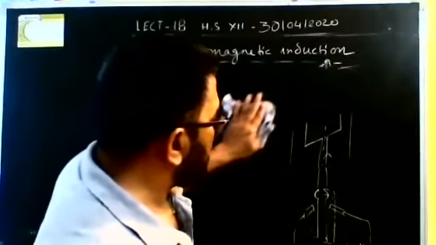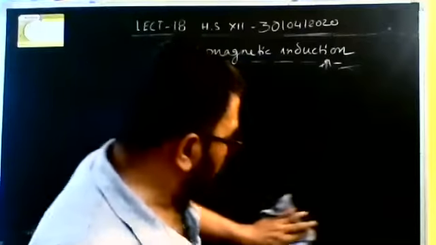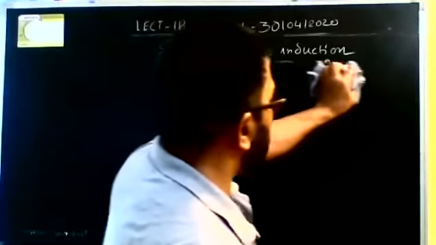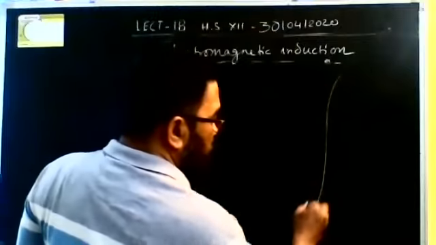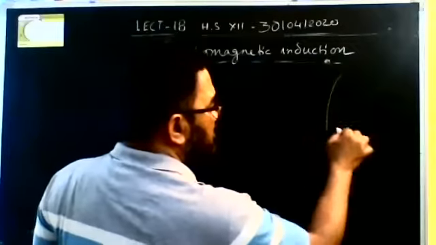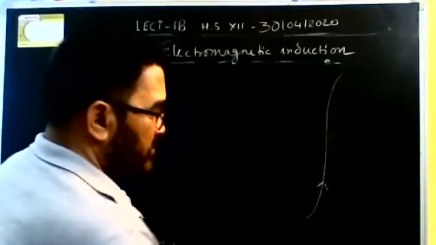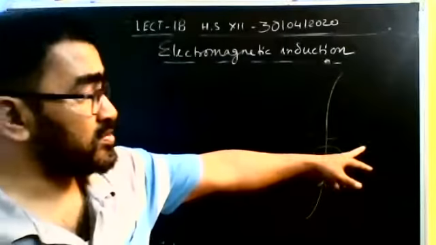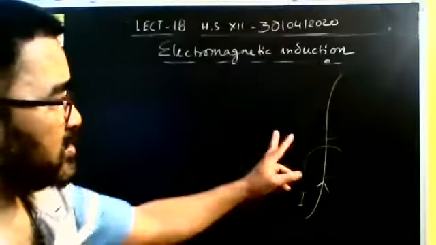Now, in earlier topics, when current passes through a conductor, it produces a magnetic field, right? So applying the Biot-Savart law, we can find the value of the magnetic field around the conductor.